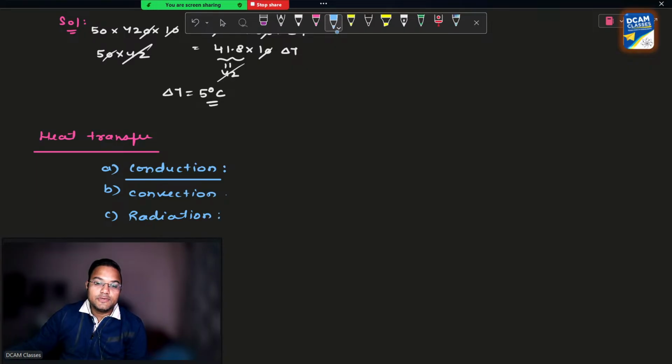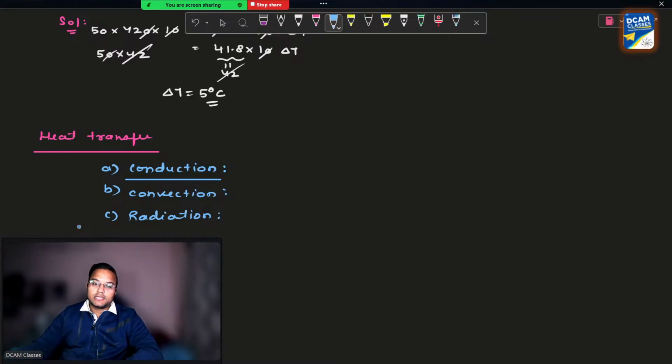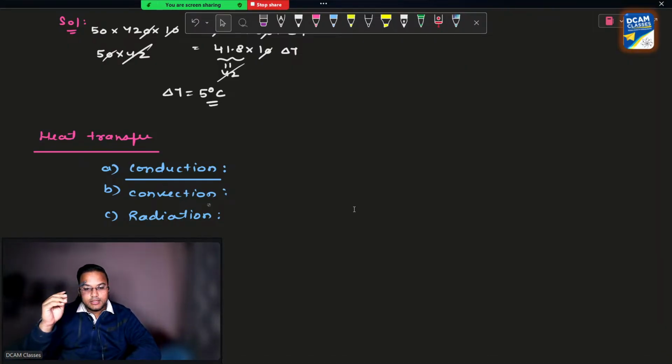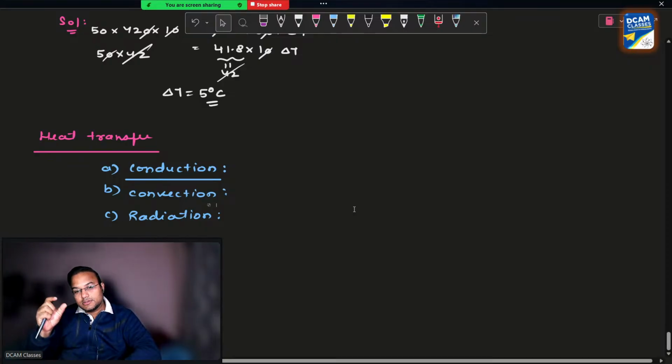So heat transfer is done through three processes: the first is conduction, the second is convection, and the third is radiation. Now what is conduction? Conduction is a way of heat transfer when heat transfers through bodily contact.